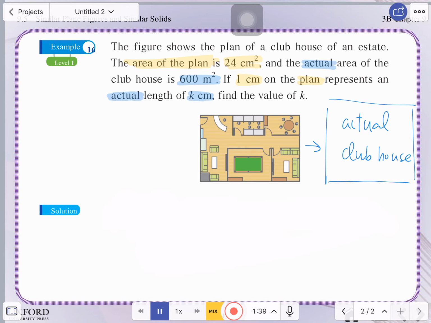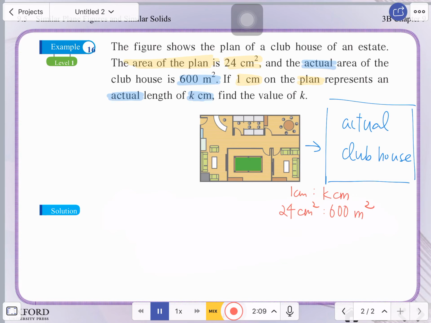So for the plan, the length ratio will be 1 cm to k cm. And for the area, it will be 24 cm square to 600 meter square. Some of you may be smart enough to notice that the units are not the same.